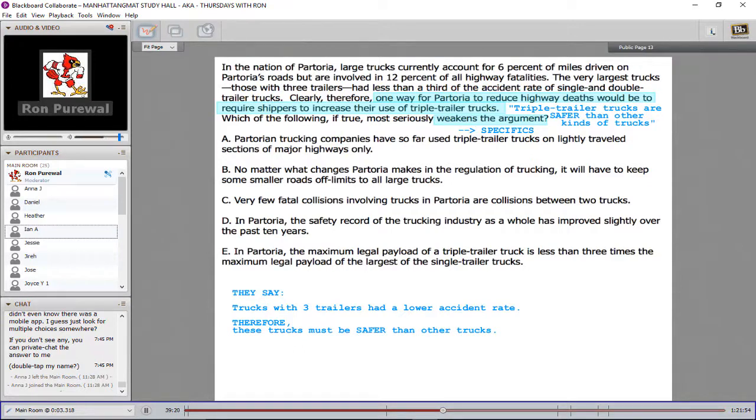What do we need? We need a reason. This is a fact, and you can't make facts less true. So this is actually factual. Therefore, these trucks must be safer than other trucks.